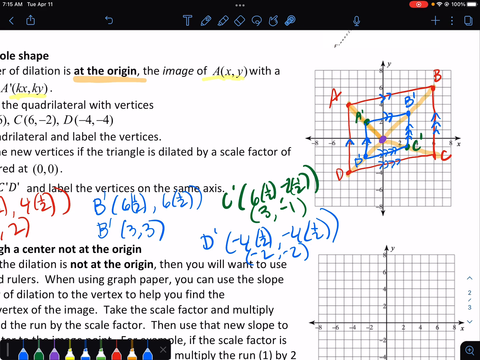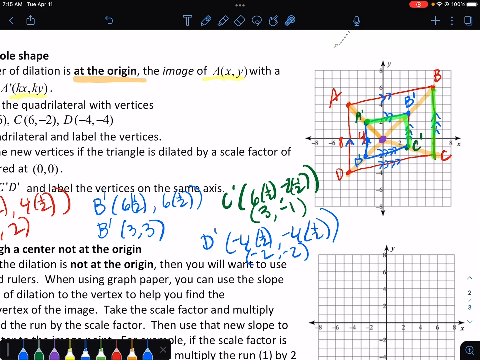Now remember that when you have a dilation the sides are proportional. So if we compare this side to this side, we've got 1, 2, 3, 4, and then we've got 1, 2, 3, 4, 5, 6, 7, 8. So this is 4 and this is 8. And then this is 4 and this is 8.